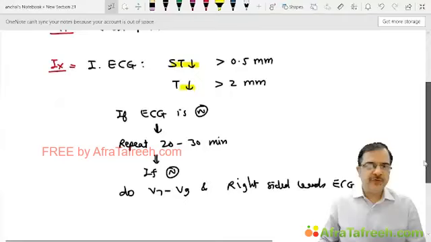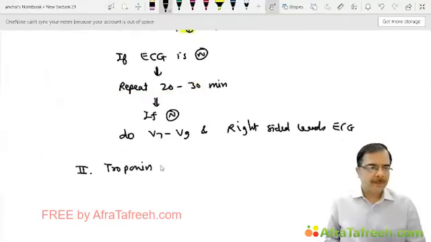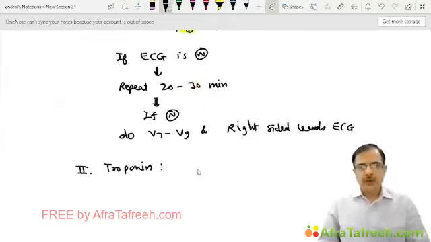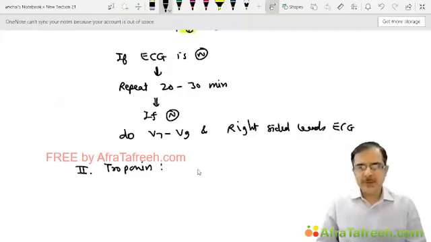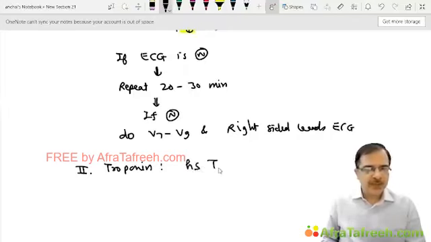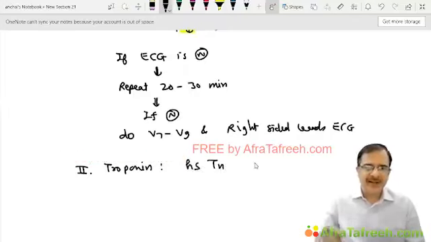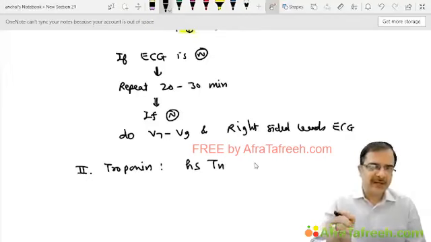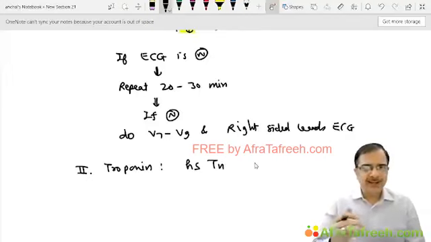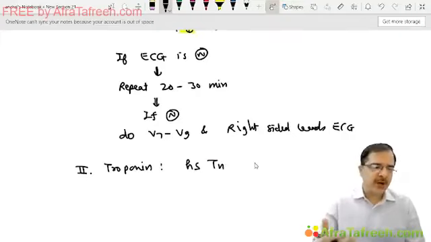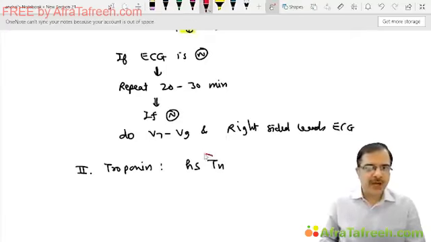The second test which we do is the marker, and that is troponin. Last time we discussed troponin and the highly sensitive troponin assays. Their sensitivity is very high, so they detect myocardial infarction.